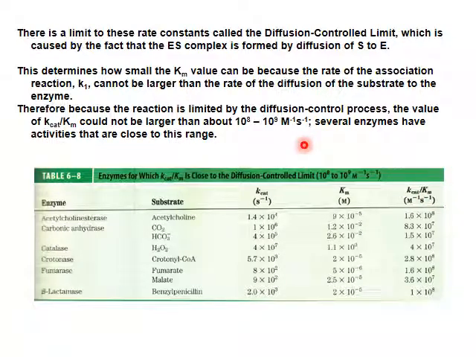The chemical step has been delegated by the enzyme in such a way, it's so efficient that you're limited by how fast two things can come together. You're just limited by the diffusion of two things coming together in solution. It's not the chemistry anymore.